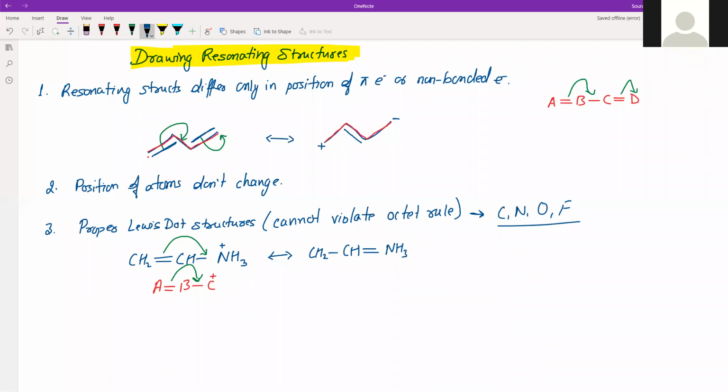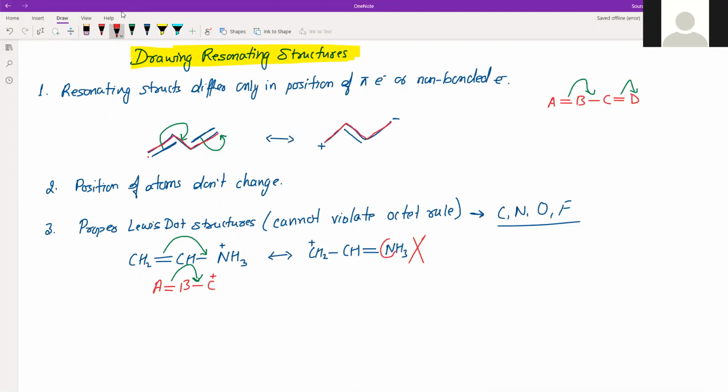Now what does that mean? Nitrogen is forming 5 bonds, and that means in the outermost orbit of nitrogen there are 10 electrons, right? So I have written it, but this is wrong. Why is this second structure wrong?